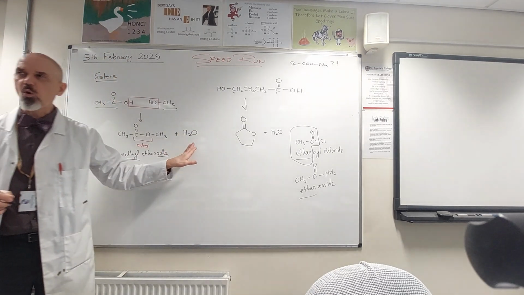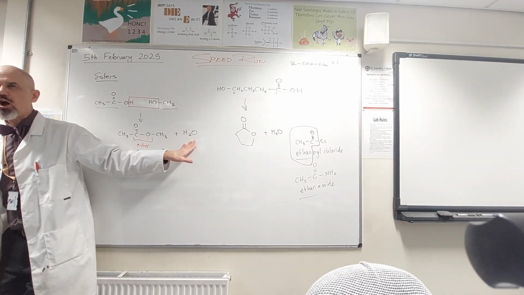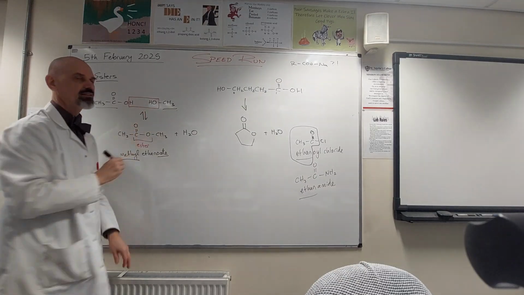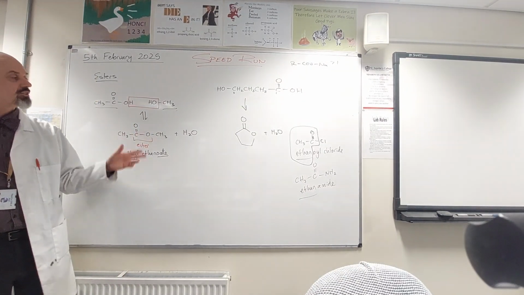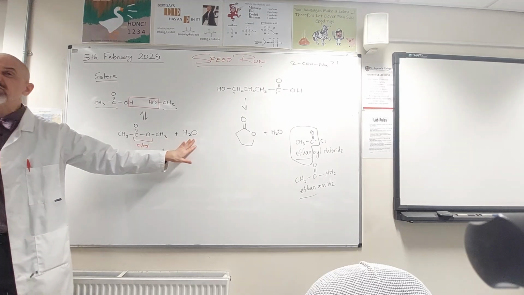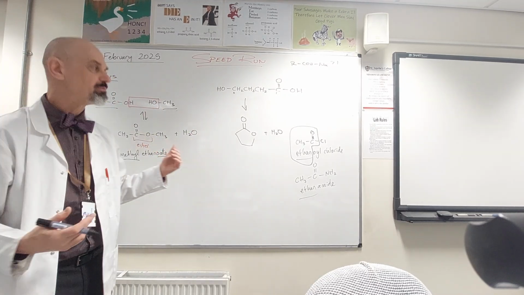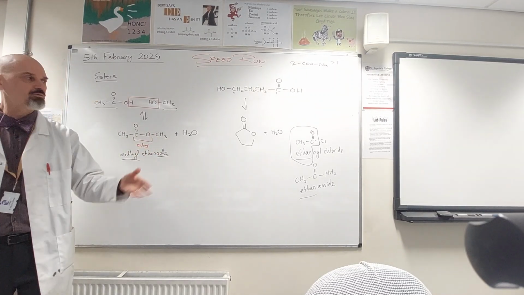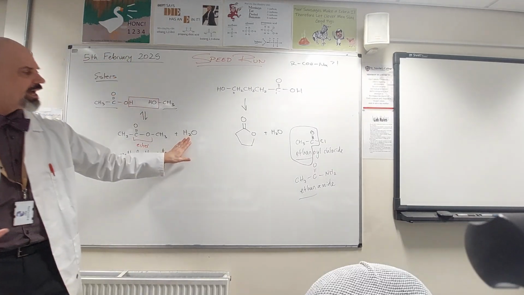Just staying with the water bit for a moment, we use that to drive the reaction because all of these are esterification reactions. They're actually reversible reactions and they're quite slow. So we drive it by removing the water. That, according to Le Chatelier, shifts the equilibrium towards the products because we're removing the water. It's trying to make up for the lost water.